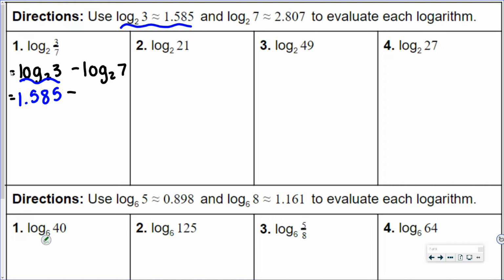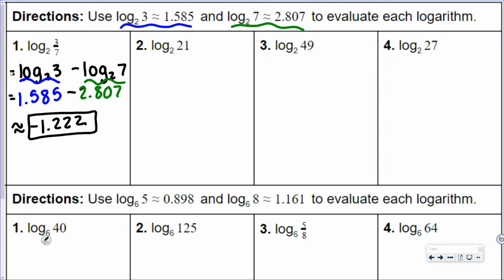And we know what this is, approximately. Ooh, stick with my color coordination here. So we can use that to figure out 2 to what power gives me 3/7, approximately. Subtract those. I got that.